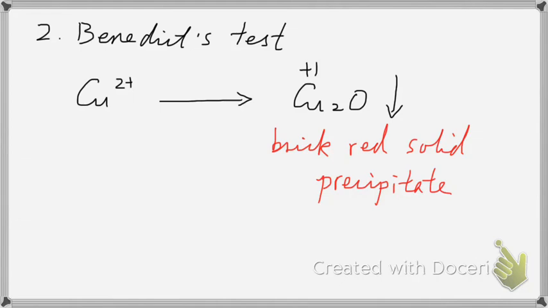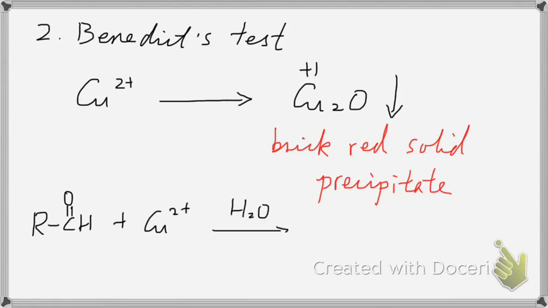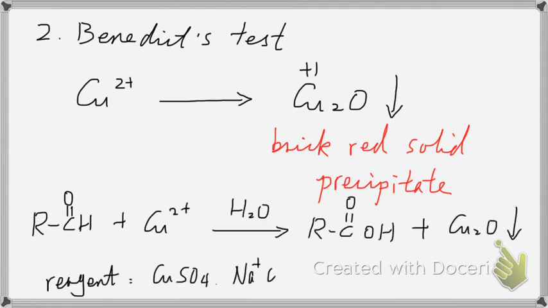And the copper-1 oxide has very low solubility in solutions, so it will form a solid precipitate coming out of the solution. So in this reaction, the aldehyde will react with copper-2 ion.